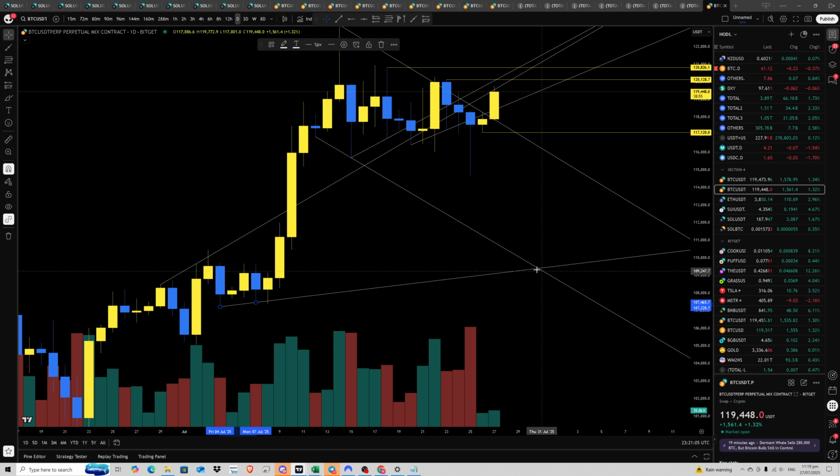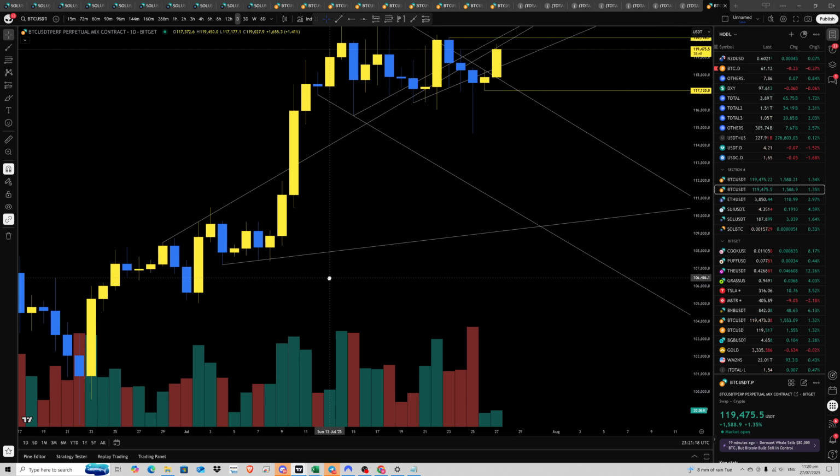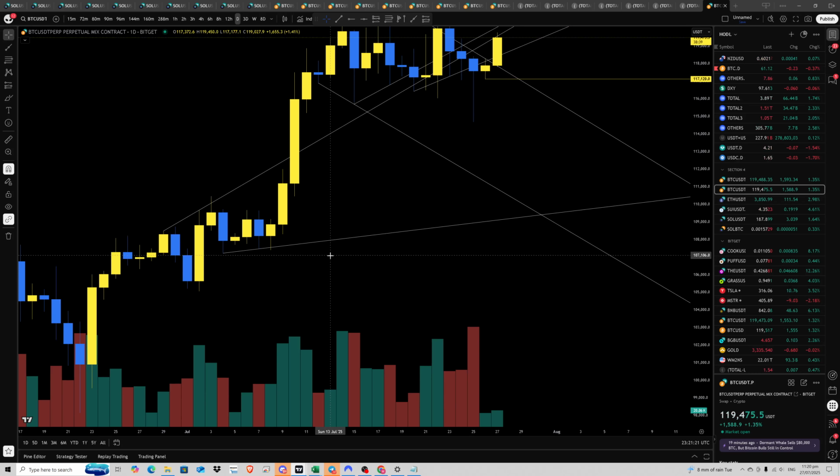So if that has a high probability of a retest, this has already been used, but can still offer support in the future. And that's the 31st of July. That's potentially a day we should be considering as rather important.